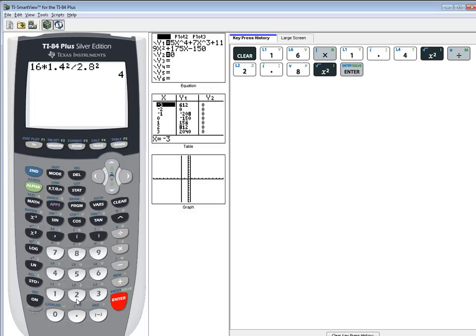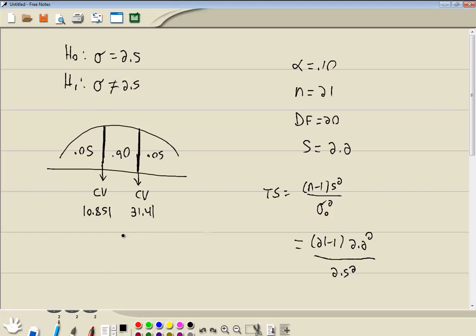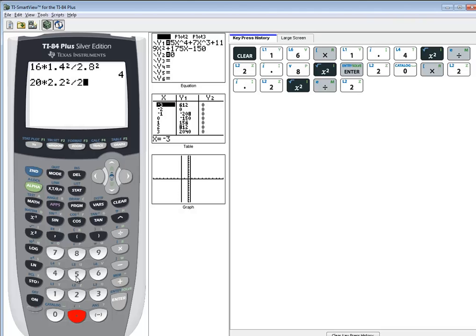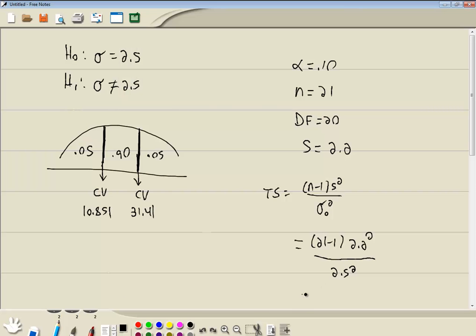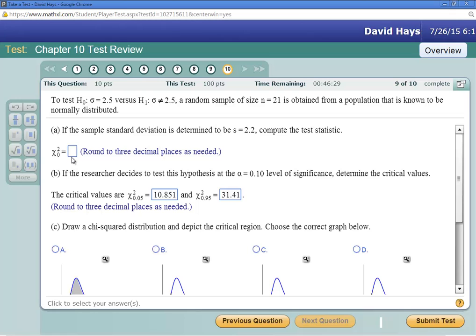So we're going to have 20 times 2.2 squared divided by 2.5 squared. 15.488.